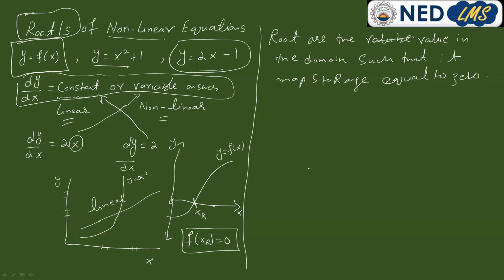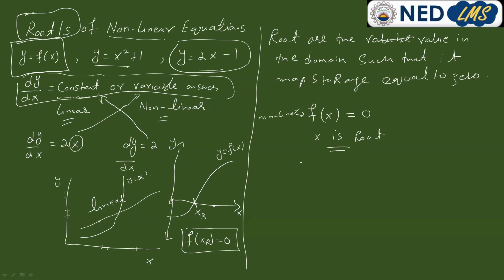If we talk with reference to the mathematical part, these are just normal x values that are members of a domain, but they have a special characteristic: they map to a dependent variable equal to 0. So for example, any value x that you put in a function, which could be a non-linear function, if you get it equal to 0, then you basically say x is a root. This is the easiest way to remember.